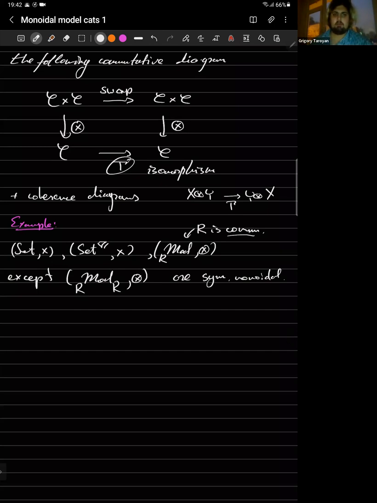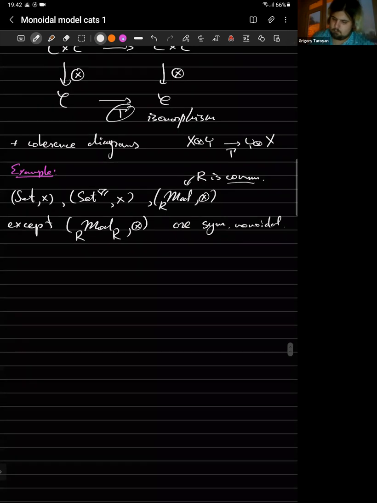Well, once again, no surprises there. It is clear that we can interchange factors in a direct product of sets and obtain something isomorphic. Now, in a similar way, we should define a symmetric monoidal functor.